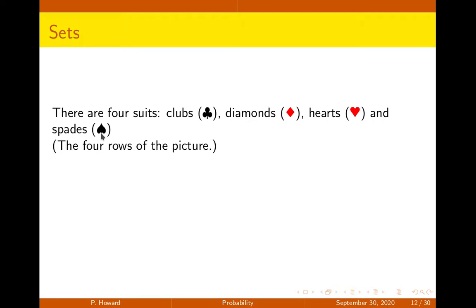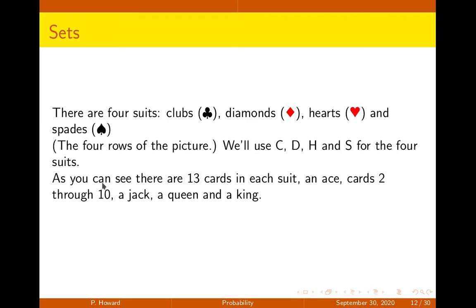So they're represented by the four rows of the picture we just looked at. And rather than try drawing these symbols for the four suits, we'll simply use C for clubs, D for diamonds, H for hearts, and S for spades when we're talking about a deck of cards.